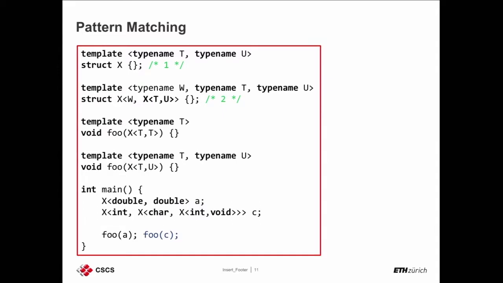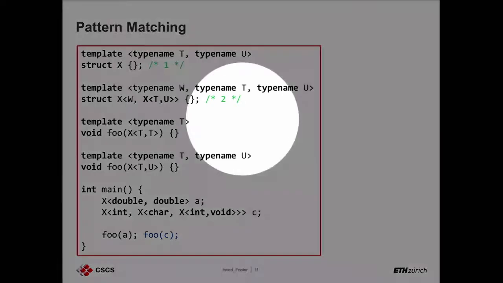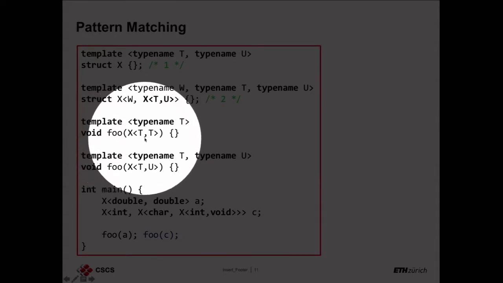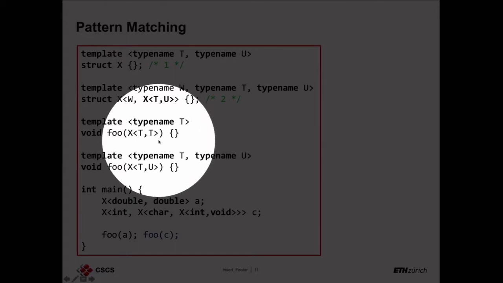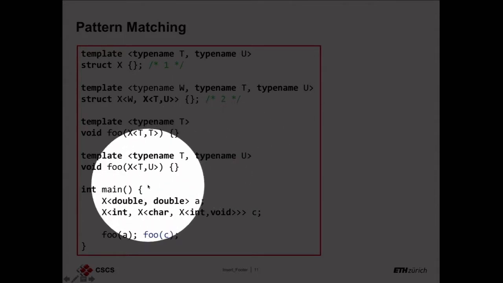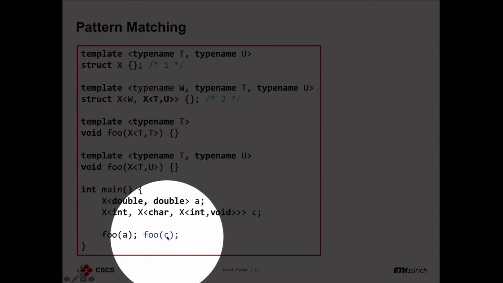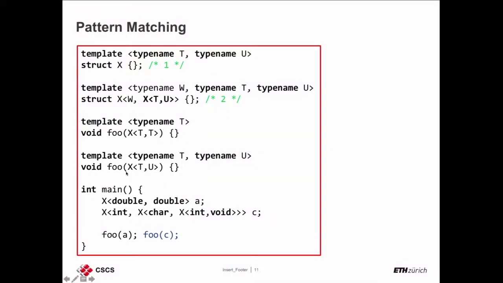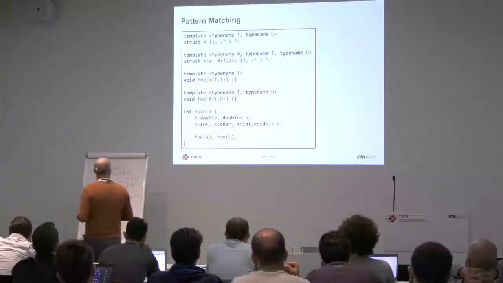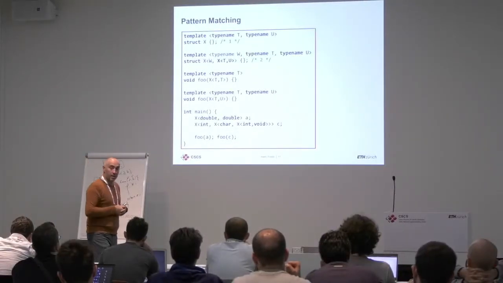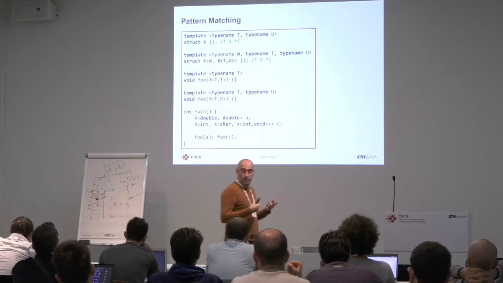What do we have here? Okay, yet another. Now I have a function foo that takes T and T. So this is instantiated for the case where the 2 types are the same. And now I can get the case where the type is not the same. T and U are different. So now I can call foo of C, and this will call these overloads here. Usually you talk about specializations when you talk about classes, and overloads when you talk about functions.